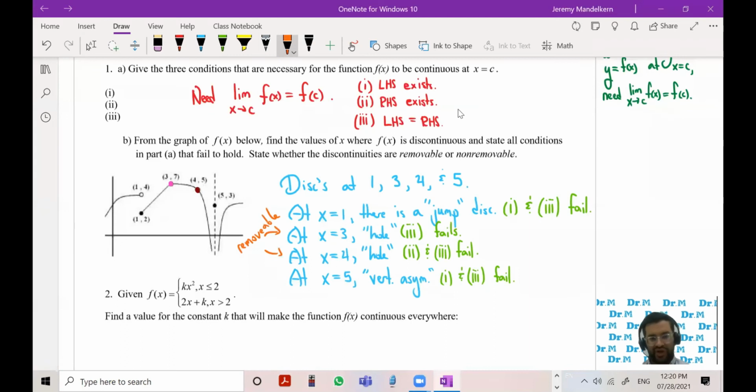The other convention, where you're only allowed to fill in points, as in define but not redefine, would tell us that here at 3, you cannot remove the discontinuity, because by filling in the hole, you no longer have a function, since you couldn't get rid of (3, 1).